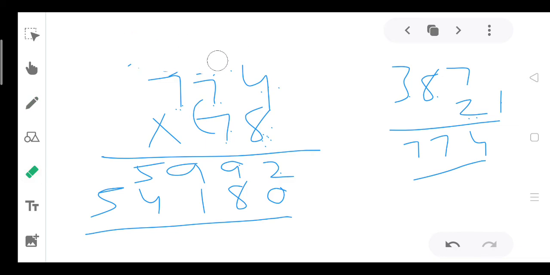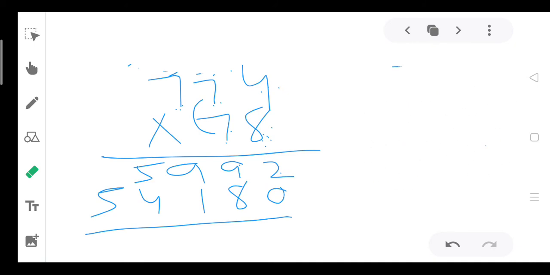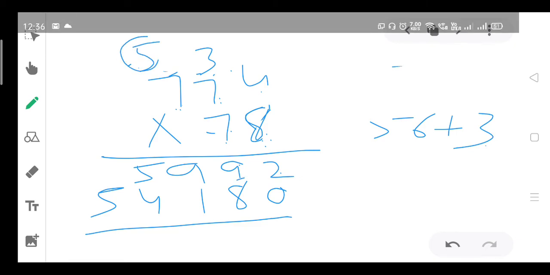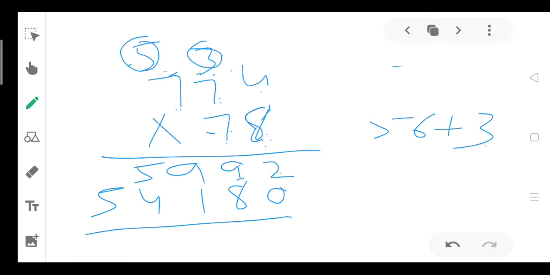In the ones place multiplication there was one mistake, so I am going to repeat it here. Once again, 8 4s are 32, 3 goes as a carry, 8 7s are 56 plus 3, it is 59, 9 we will write here and 5 goes as a carry here. We made the mistake at the hundreds place. Now 8 7s are 56 plus 5, it is 61. 1 here and 6 goes here.